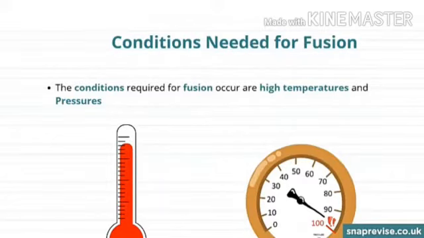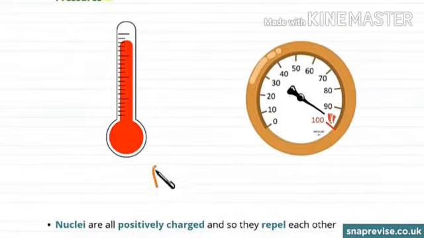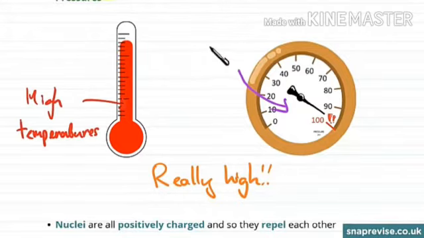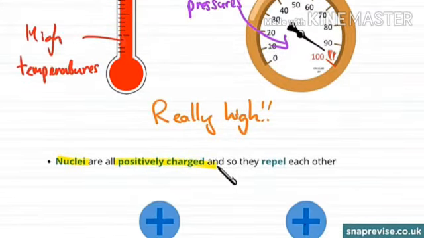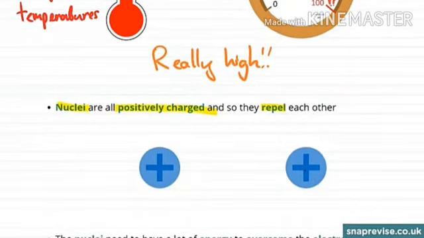Next, condition necessary for nuclear fusion. Earth's atmosphere contains a small amount of hydrogen. Nuclear fusion does not undergo in normal temperature and pressure. The fusion is possible only at extremely high temperature from 10 power 7 to 10 power 9 Kelvin and very high pressure.